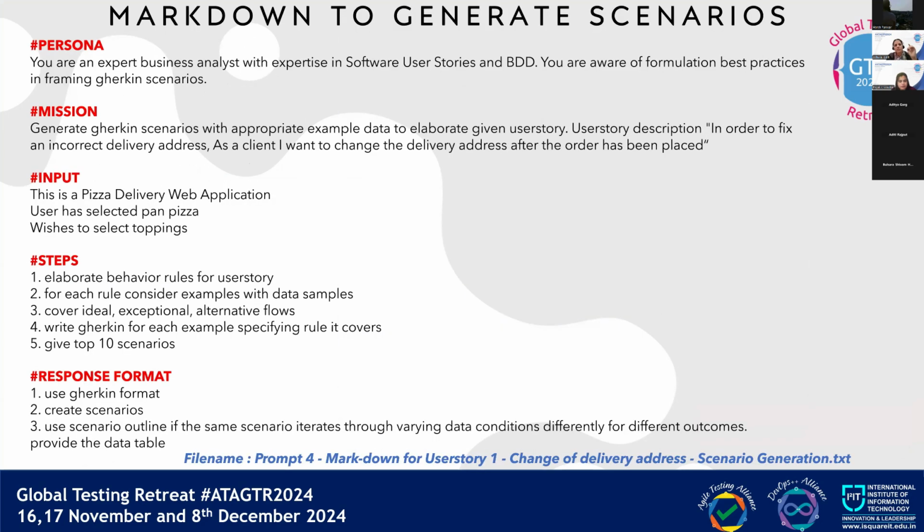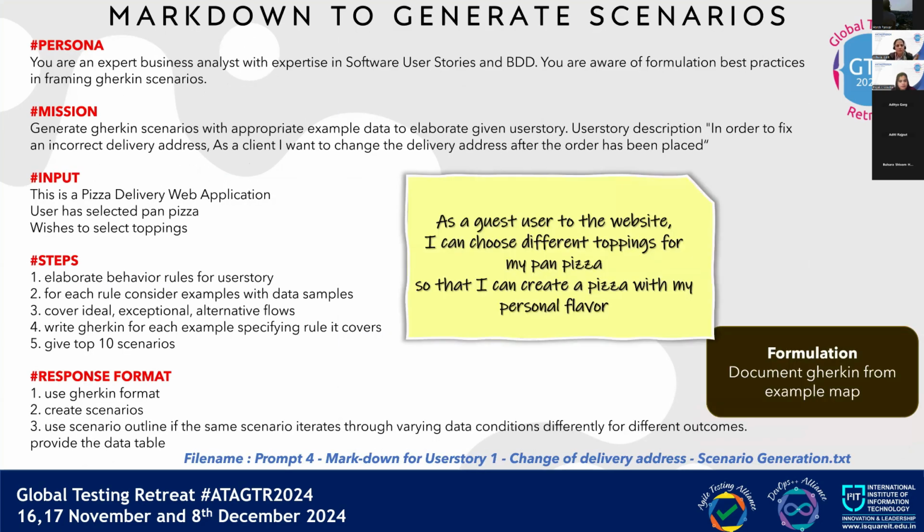So now here's a markdown for the given user story where we select the toppings for pan pizza. But now I'm not giving it any example mapping. We are directly jumping to formulation, but I'm giving the persona in the markdown. Because then it will do example mapping for me by finding the behavioral aspect of the story first, and then it will write the scenarios.